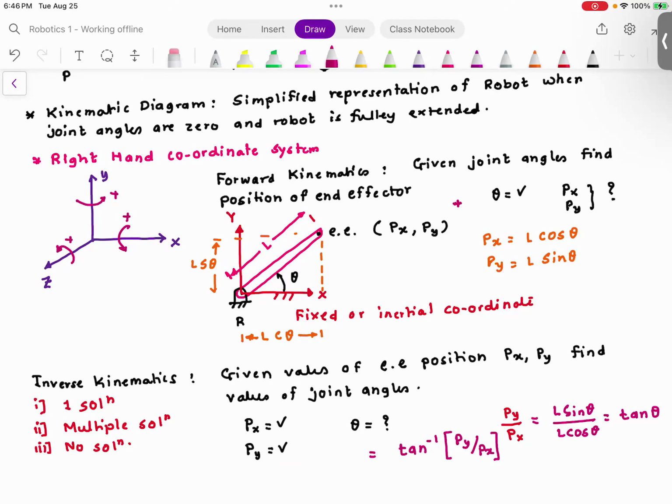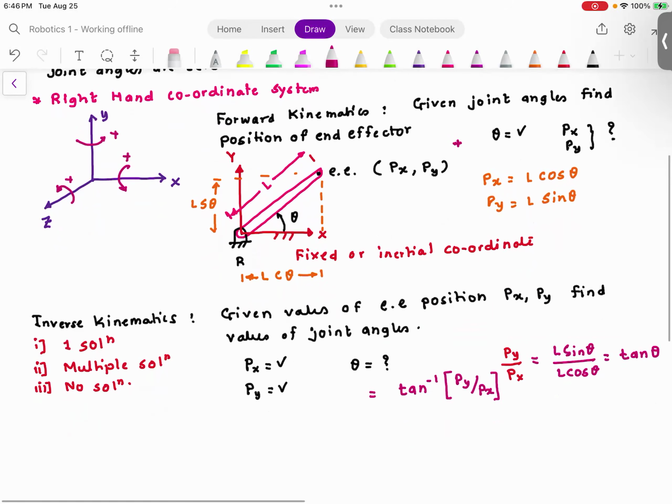Now, I want to give you an example. Imagine you have a two-link robot, and this is the end effector position. This end effector position can be reached by elbow on top or elbow on bottom.